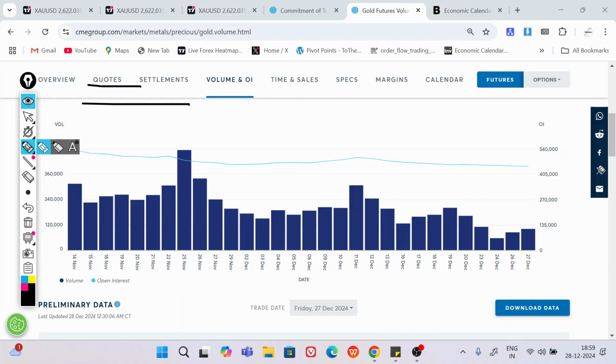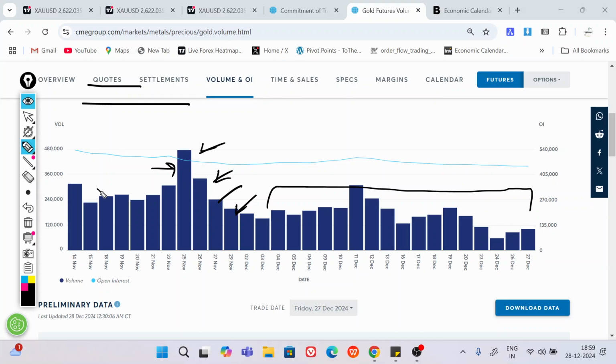If we analyze this volume and open interest chart of gold futures, you can see the volume is relatively flat prior to November. In the November closing we have seen high volume bars, right over here and this.